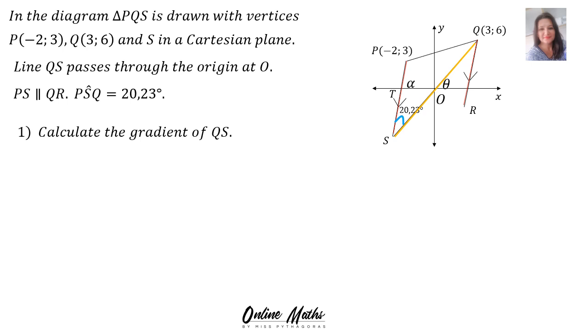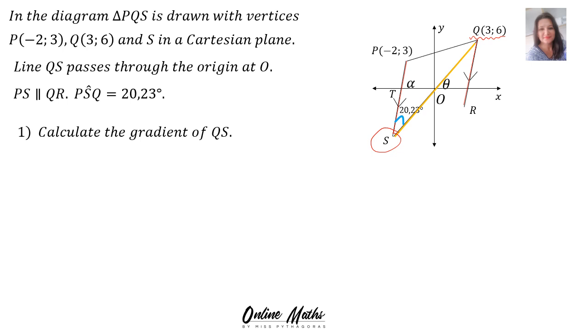Number 1. Calculate the gradient of line QS. Now, if only we knew the coordinate of S, it would be so much easier, because we only have one coordinate here, and that is Q's coordinate, the point (3; 6).